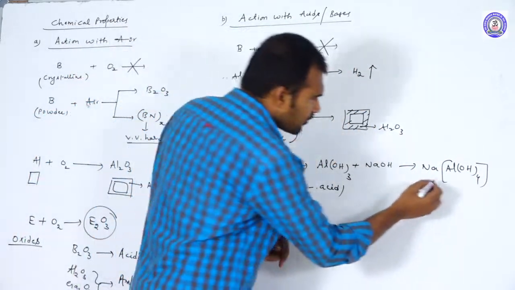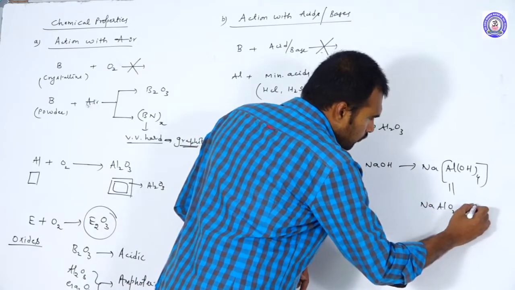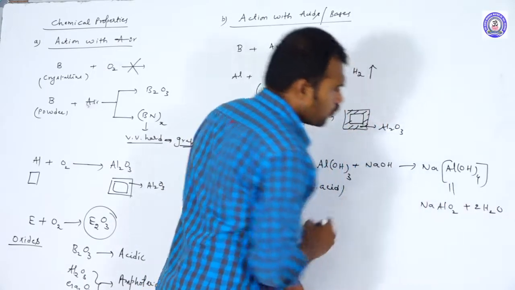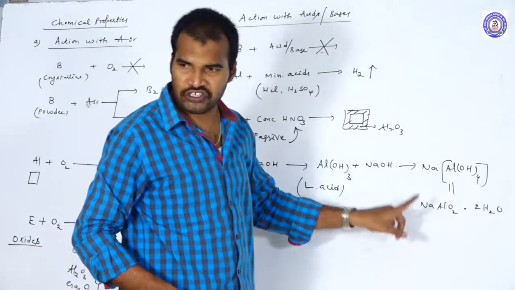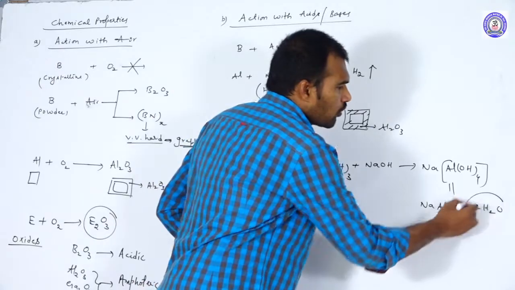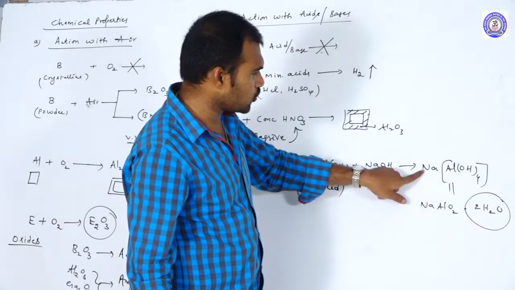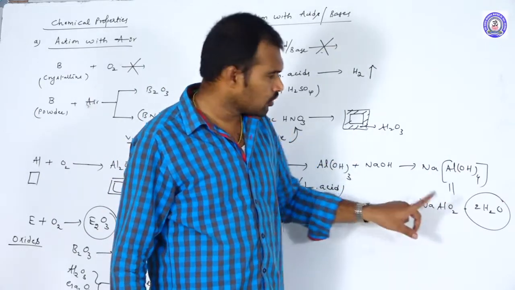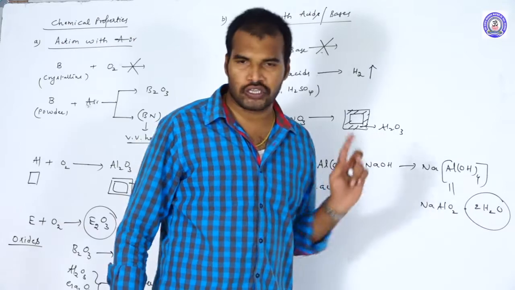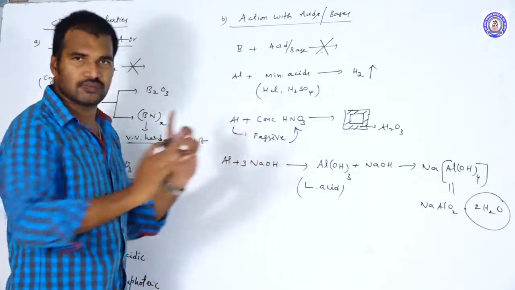This is nothing but NaAlO2 plus 2H2O. So this is rewritten as NaAlO2, sodium meta-aluminate, having 2 water molecules, dihydrate. Just remove 2 water molecules from it. Remaining is 1 sodium, 1 aluminium, 2 oxygens. So sodium meta-aluminate. This is actually the reaction of aluminium towards base.